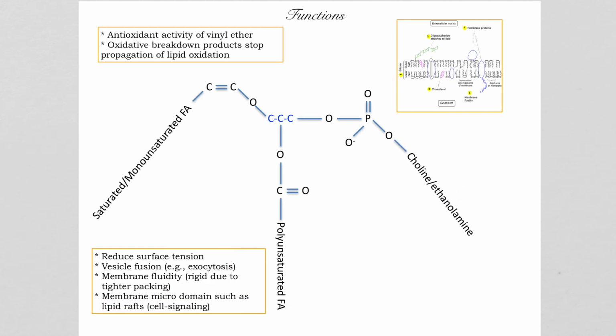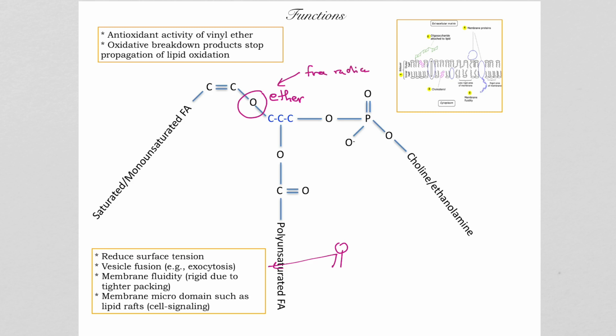Besides these functions here, due to the amphiphilic nature, there is another very important function of plasmalogens, and this is because this amphiphilic lipid has this ether linkage. Now, ethers are more sensitive to attack by free radicals.